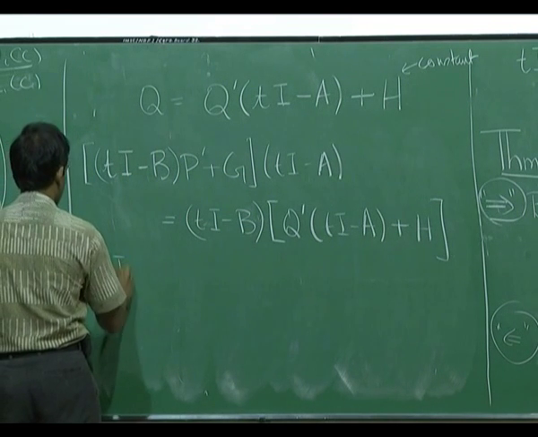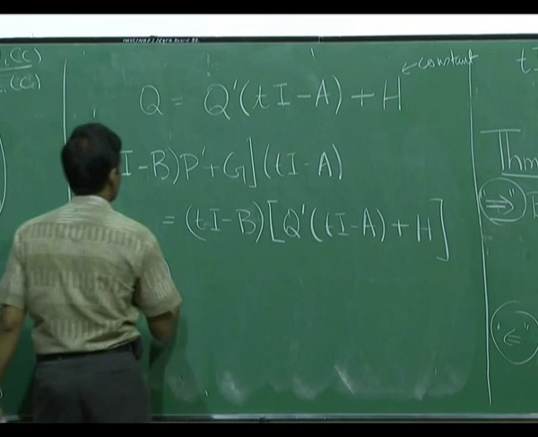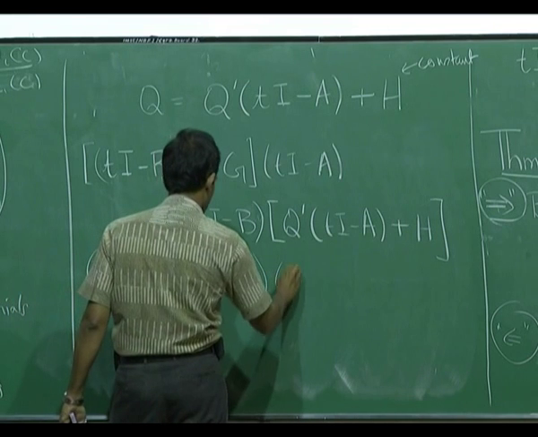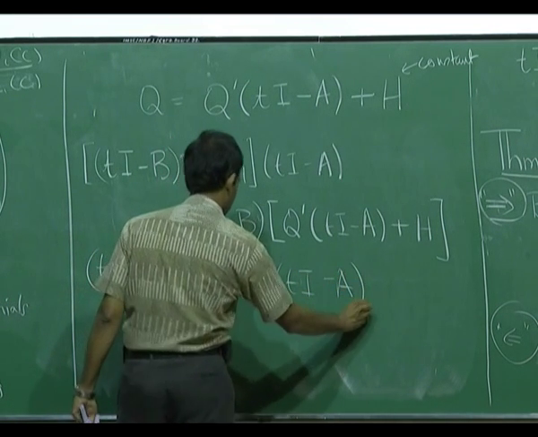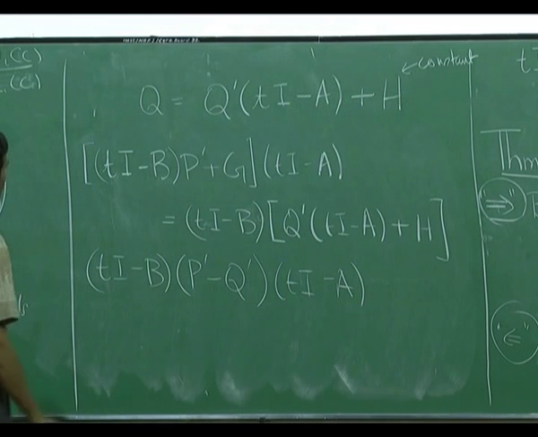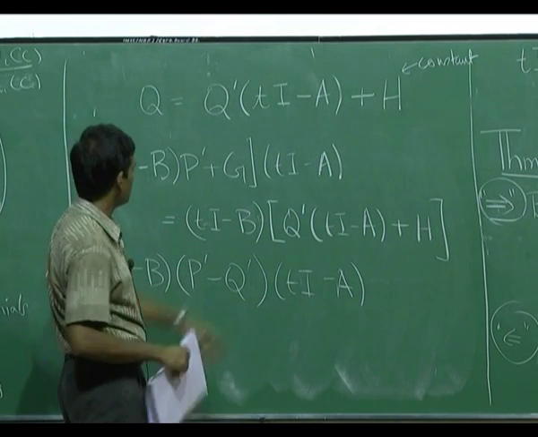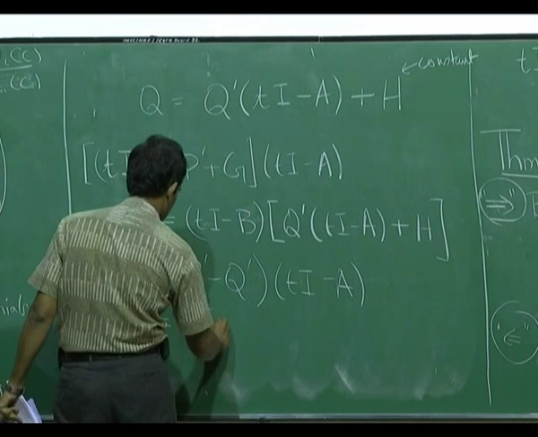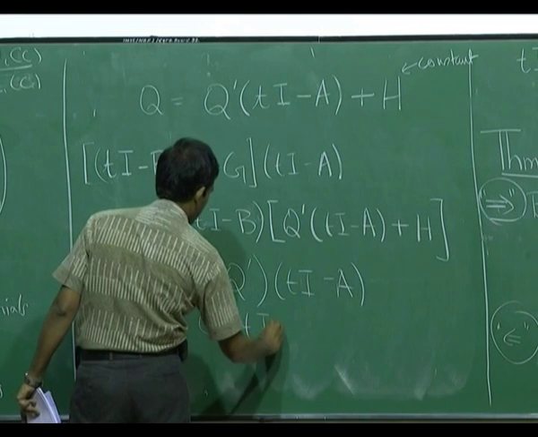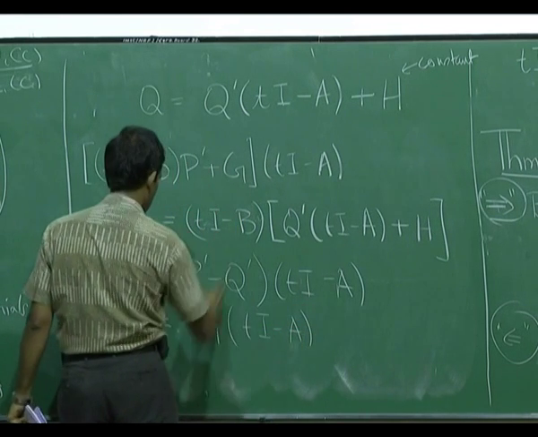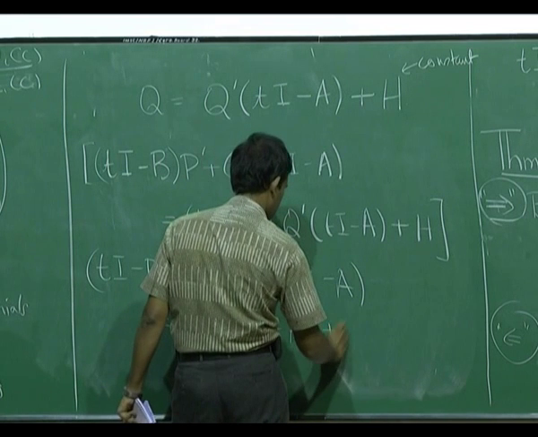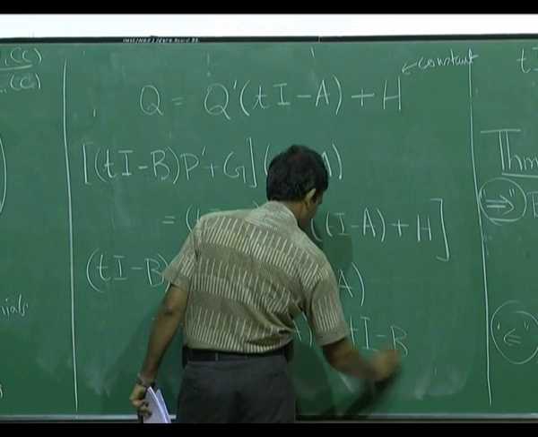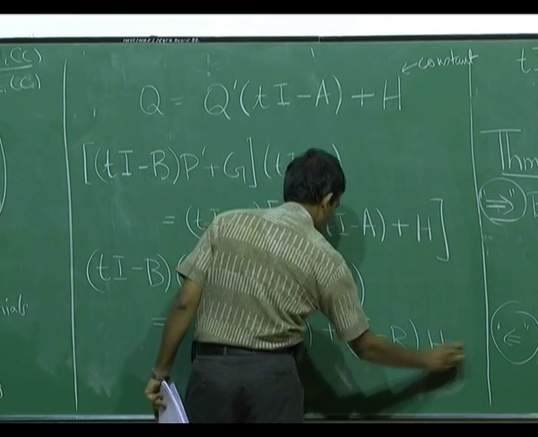So what you get is (tI minus B) times (P prime minus Q prime) times (tI minus A) on the left hand side, and let's bring the remaining stuff to the right hand side, is equal to G times (tI minus A), I guess with a minus sign, plus (tI minus B) times H.